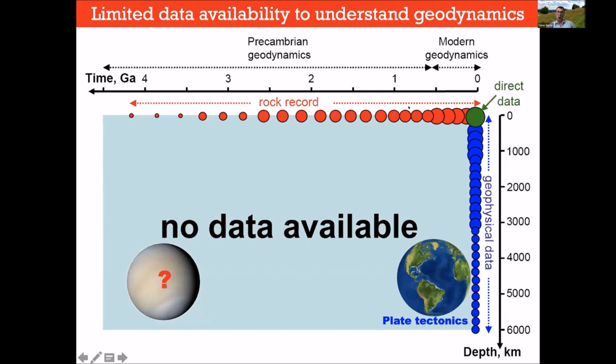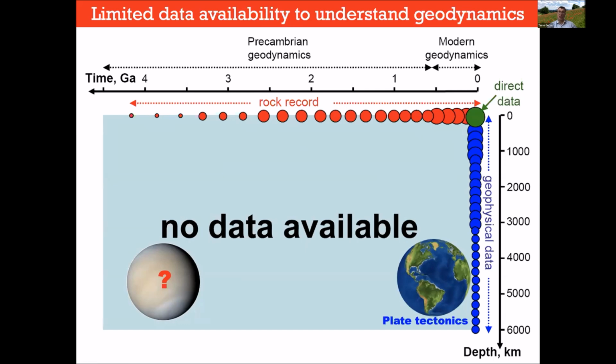And in addition, the rock record that is available to us is generated from rocks which are formed at relatively small depths. So no mantle xenoliths formed deeper than 300 kilometers. So we, in principle, have this area empty. So we have to interpret phenomena and processes having a fundamental void in the availability of data.